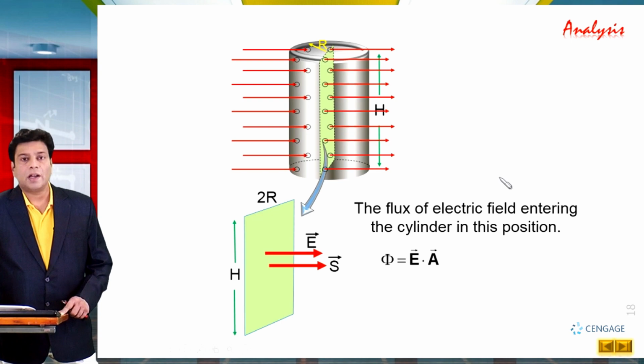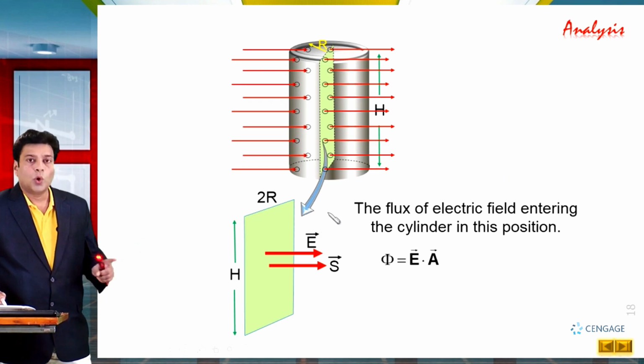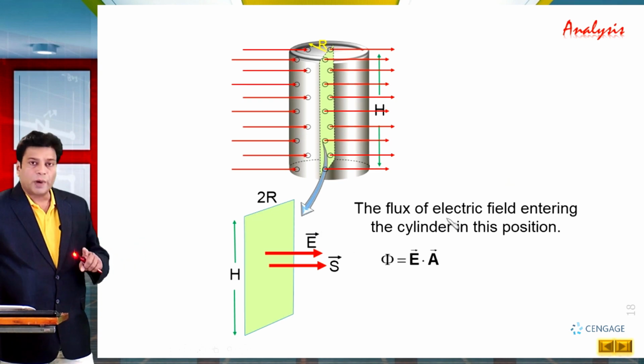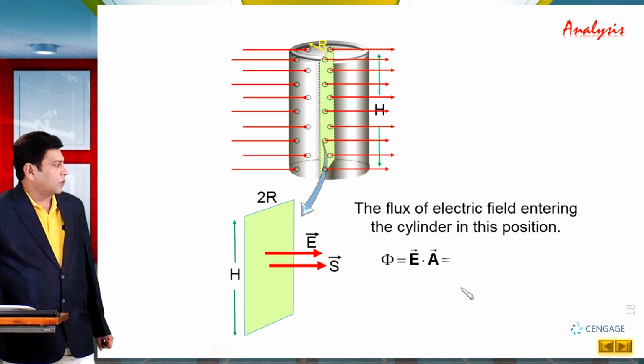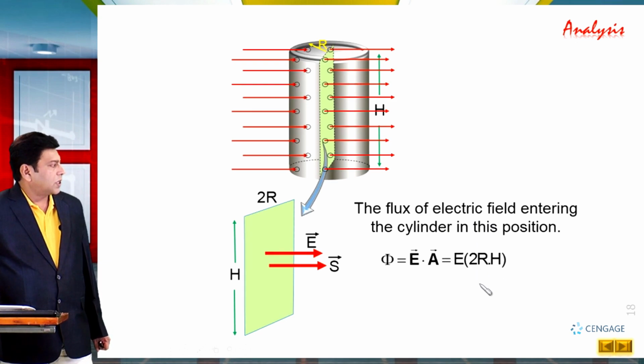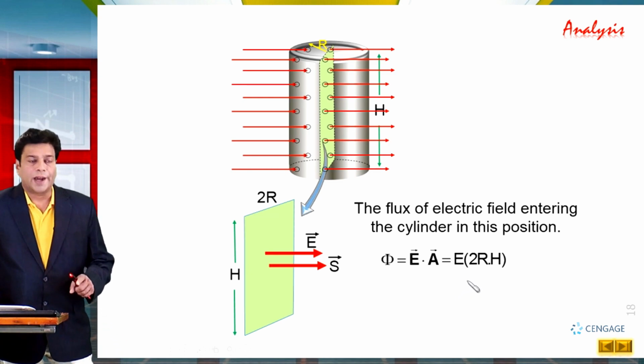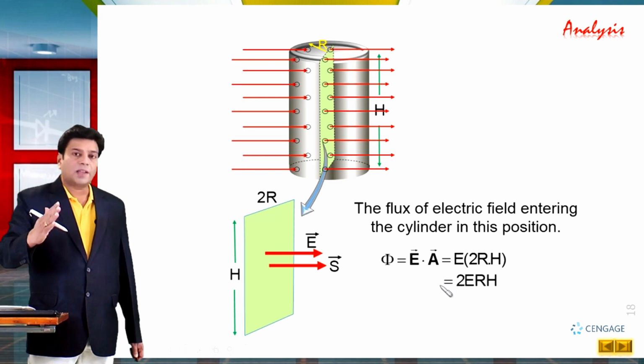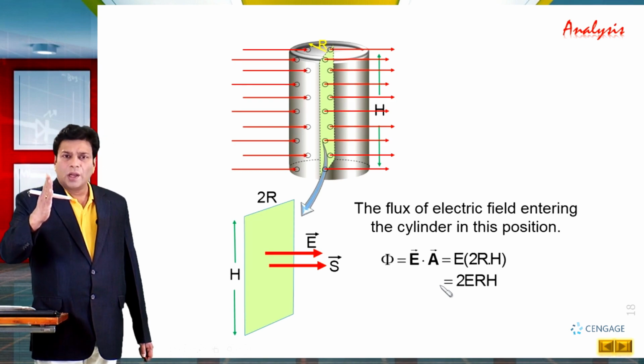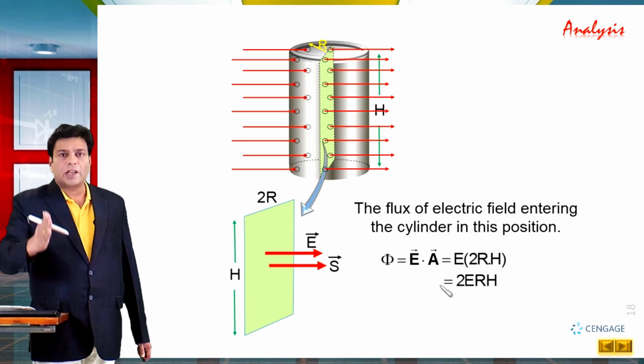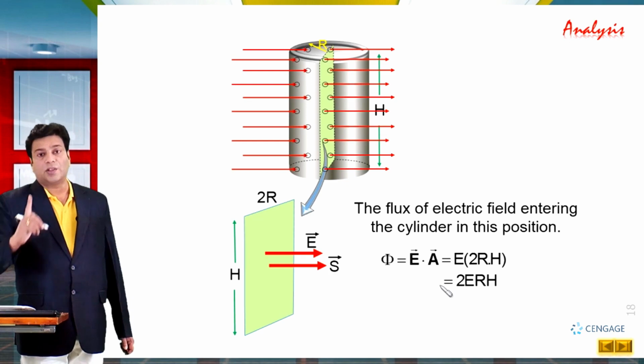So we can write E multiplied by 2hr multiplied by cos 0. So this is equal to E times 2rh, and finally we can write 2Erh. This is the flux associated with the cylinder when it is in vertical orientation, that is, the axis is vertical.